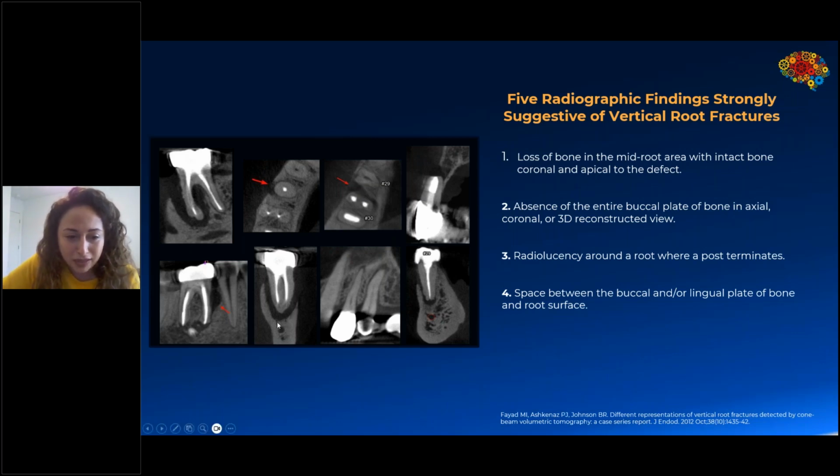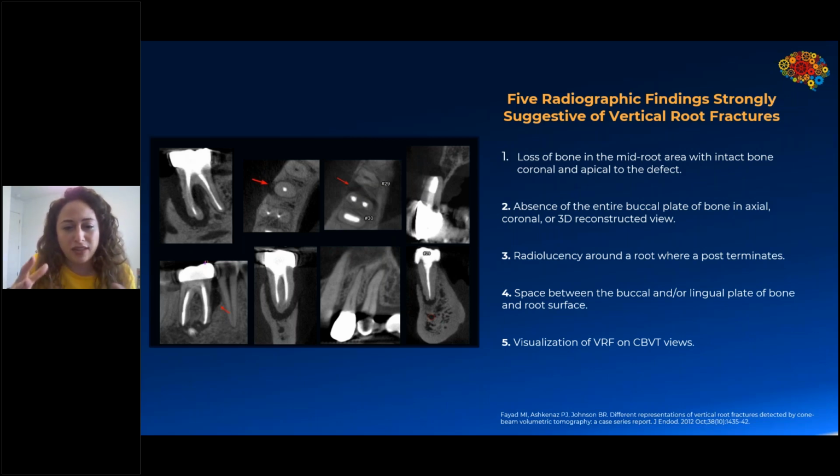So that space between the surface of the root and the cortical plate is also suggestive of a vertical root fracture. And the 5th one is when we directly see the fracture line itself, which is like the scan that we already looked at. And this is specific for endodontically treated teeth that have posts and crowns.